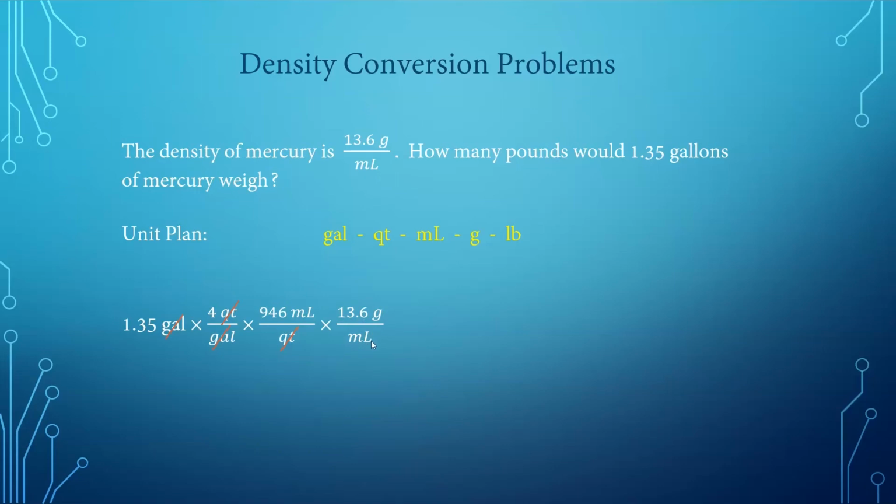This time, we put the mass on the top, unlike our aluminum example, because we want the milliliters to cancel. And then finally, we can just change our grams into pounds using our conversion we learned earlier. And it comes out to be 153 pounds. I think most of us, myself for sure, would have a lot of problems lifting up 1 1/3 gallons of mercury. It would be incredibly heavy.